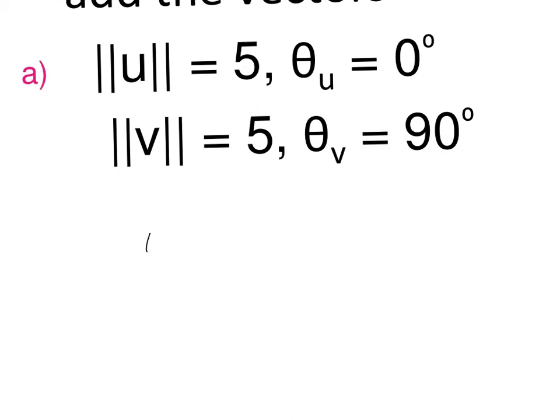So u is equal to the magnitude cosine theta i plus magnitude sine theta j.